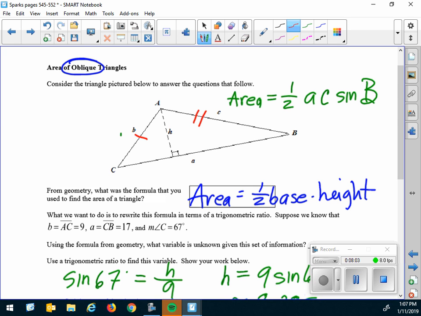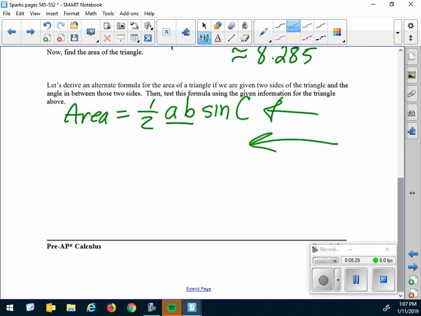A. So I could also write an area formula as area equals 1/2 of B times C times the sine of angle A. All you got to remember is it's two sides and their included angle. And you got to use sine, okay? All right, next page.